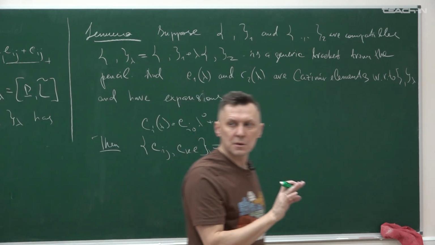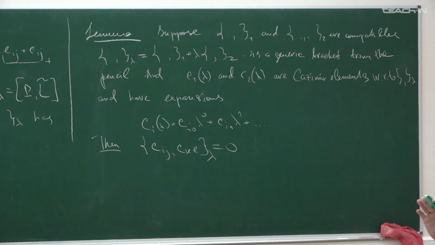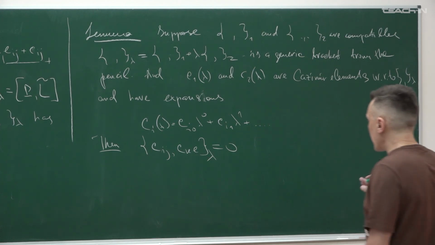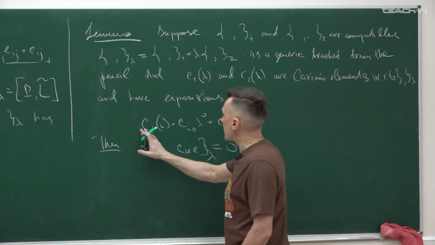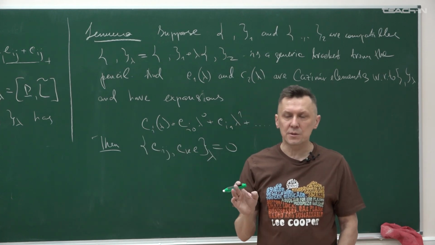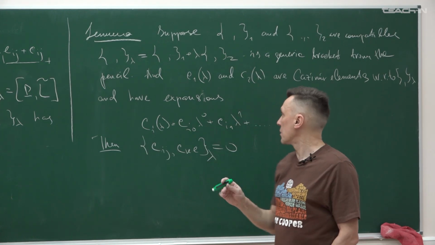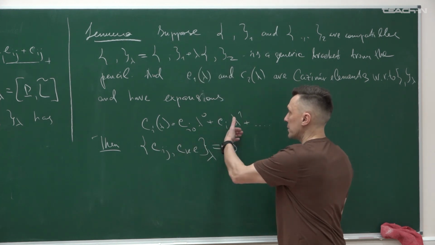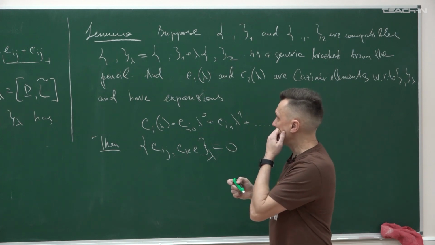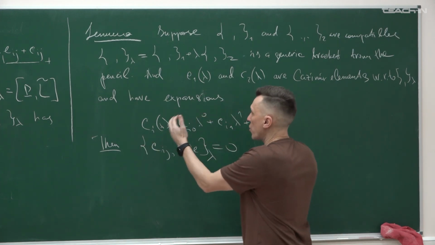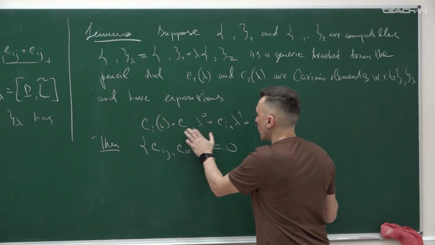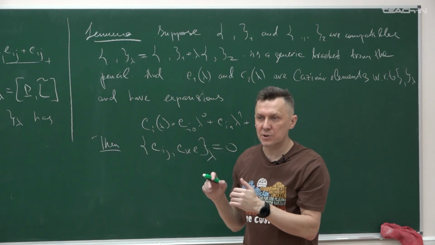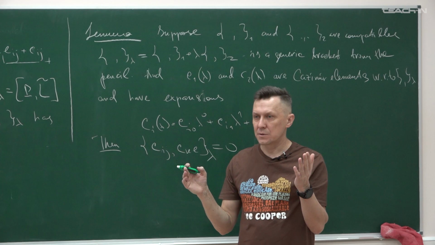So, have you written it? Can we discuss a little bit the meaning of this statement? So the principal thing is that even if you have one central element for this generic Poisson structure, it could depend on lambda. And if we have just one central element, all the coefficients in this expansion commute between themselves.